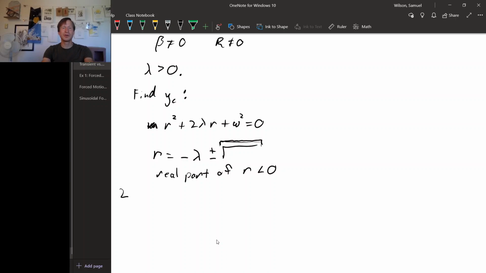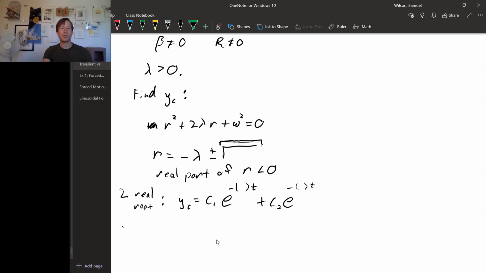In the 2 real root case, our complementary solution will look like some constant times e to some negative power times t plus some other constant times e to some other negative power times t.